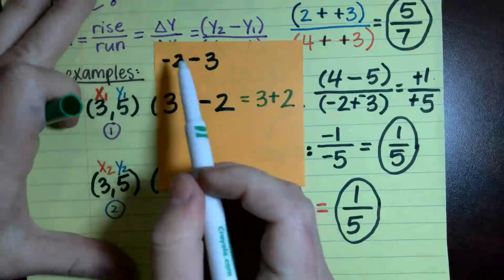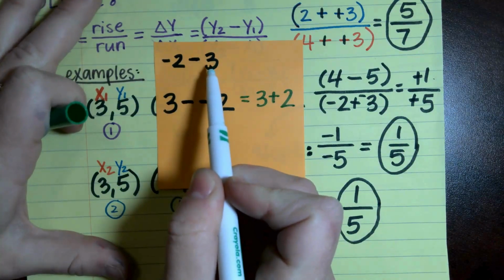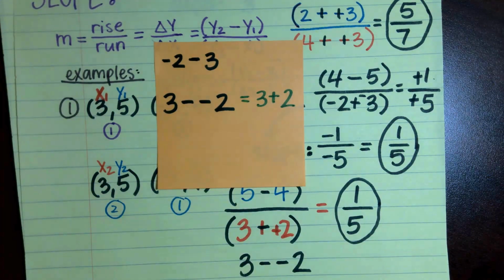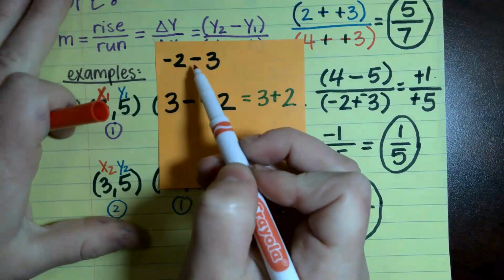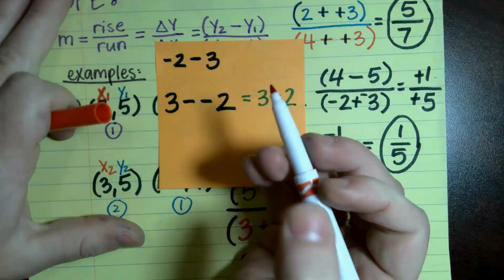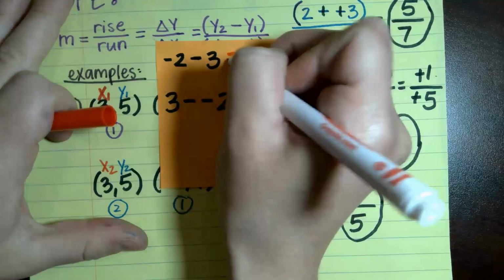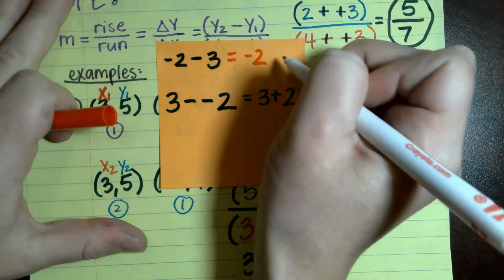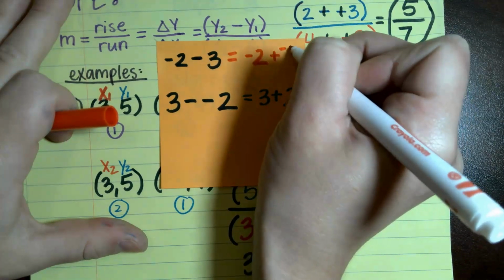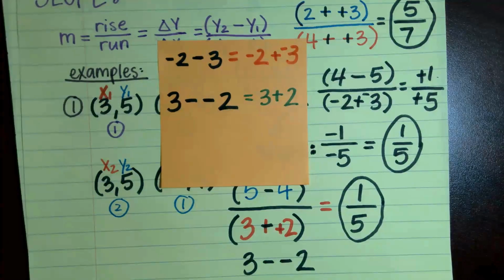And when we subtract a number, it's the same thing as adding a negative. So if I had -2 plus -3, I would get the same thing as whatever -2 minus 3 is. So here, let me write that out as well. That goes back to our equation.